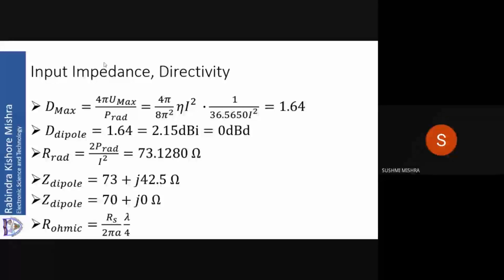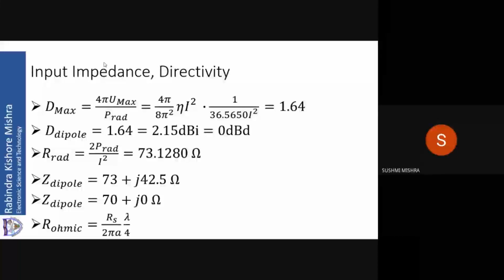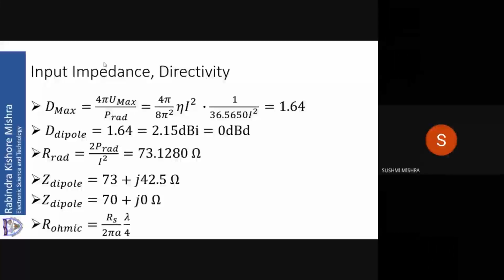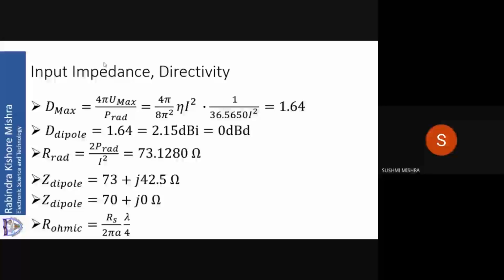Now this ohmic resistance depends on frequency. It is frequency dependent. The expression for ohmic resistance is given at the bottom. That is Rs divided by 2 pi A into lambda by 4, where A is the radius of the dipole. Dipole has a length and a radius.